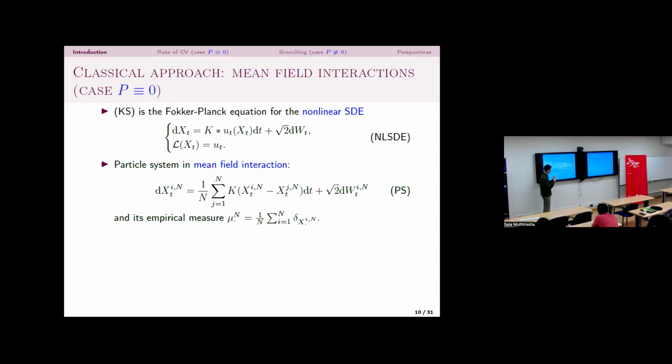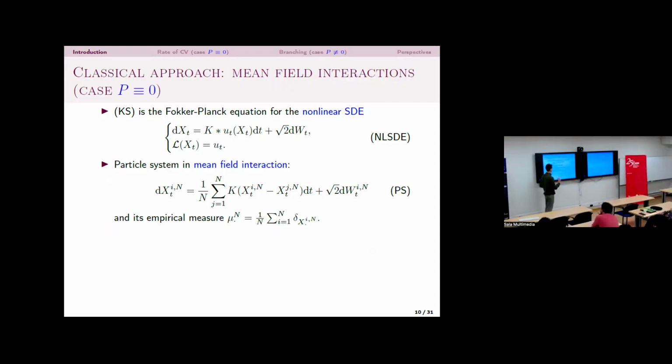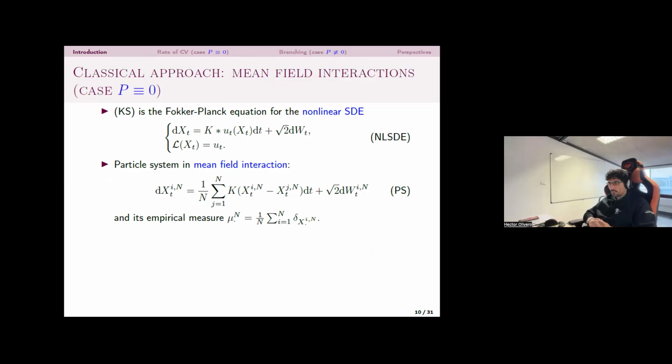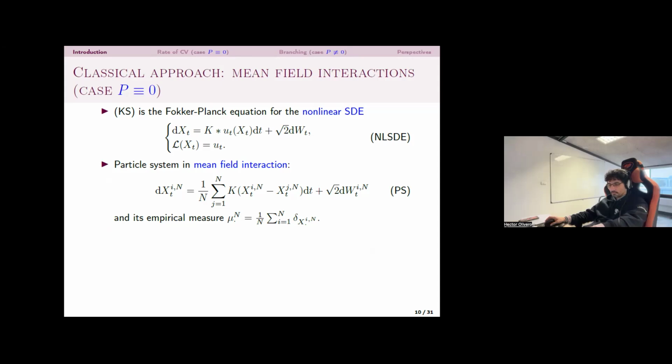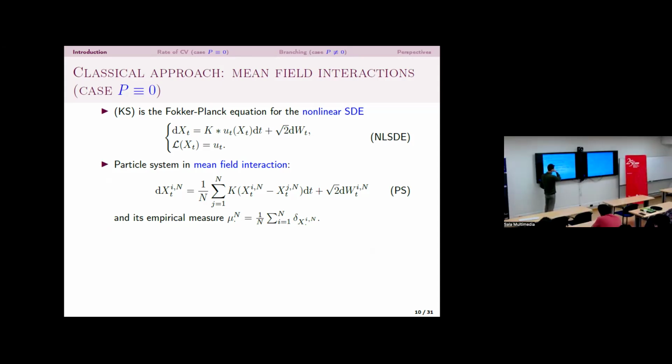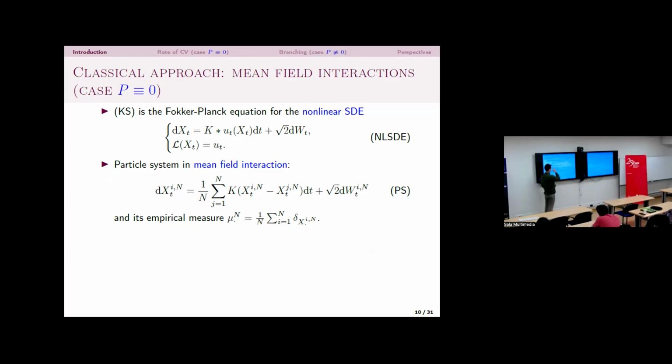So the particle system that I will be considering works as follows. Normally, when the interaction is not singular, it's rather a standard theory that for this kind of n number of particles, you have n SDEs coupled together.